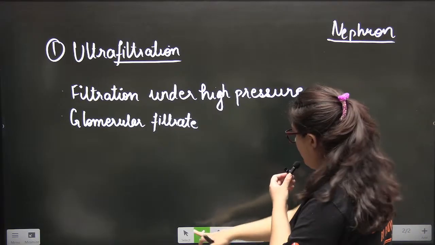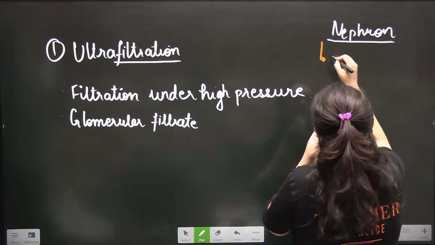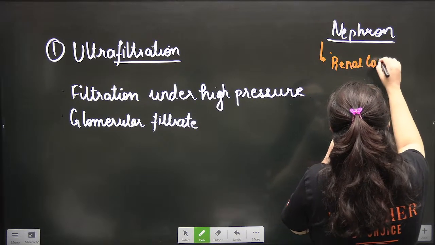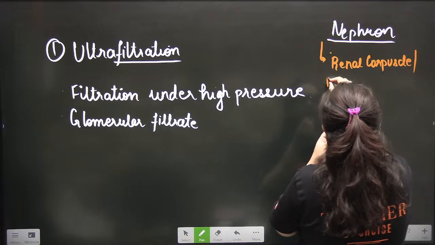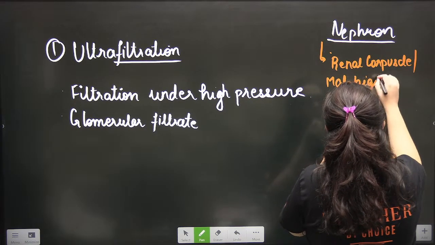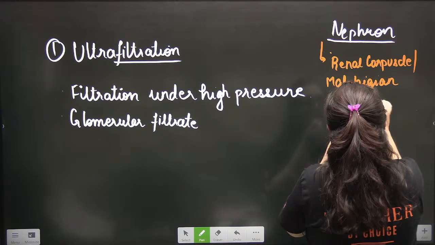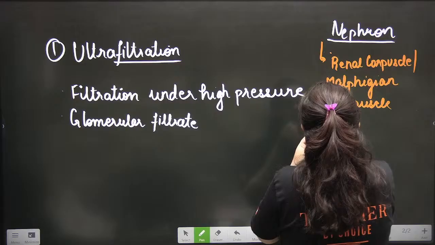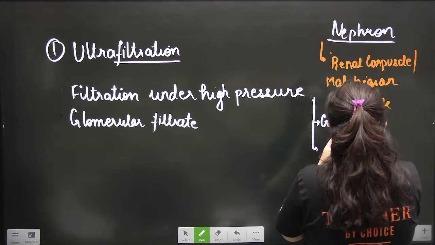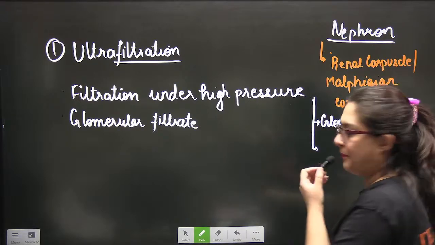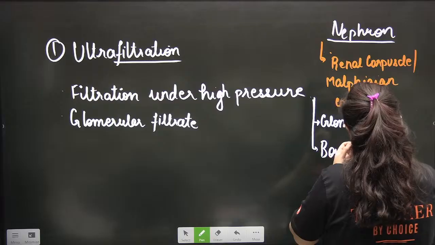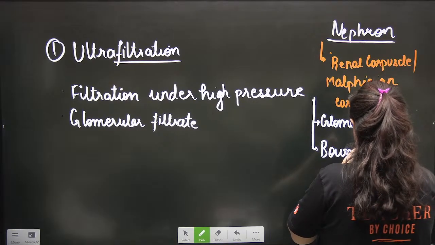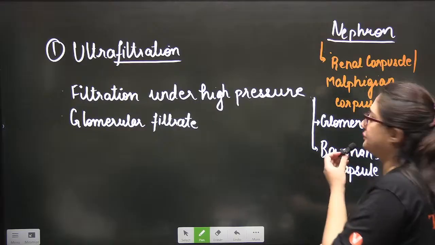The nephron has two parts: the renal corpuscle, also called the Malpighian corpuscle, which is the glomerulus, a tuft of capillaries, and Bowman's capsule.